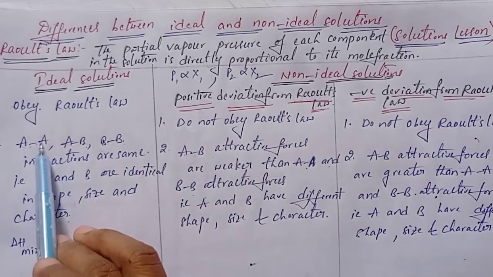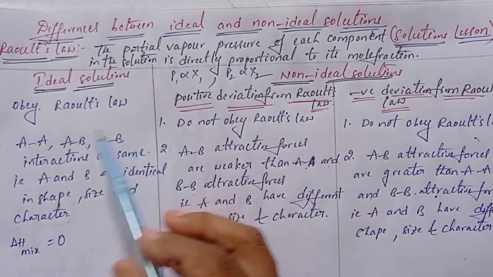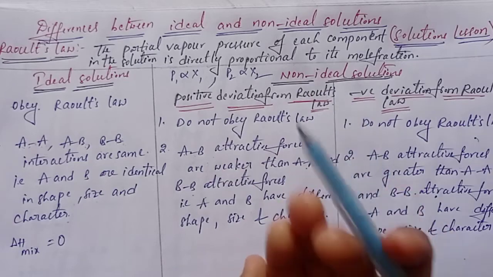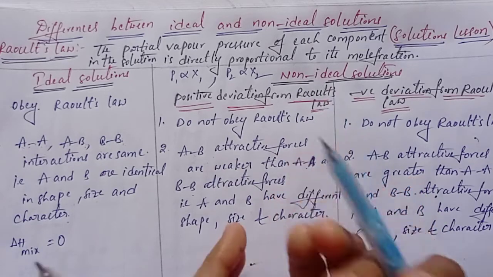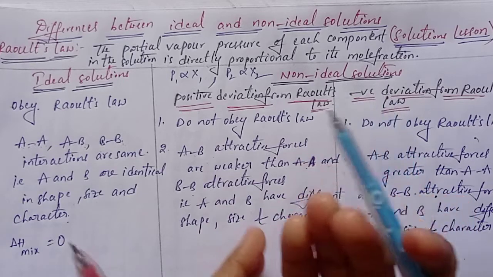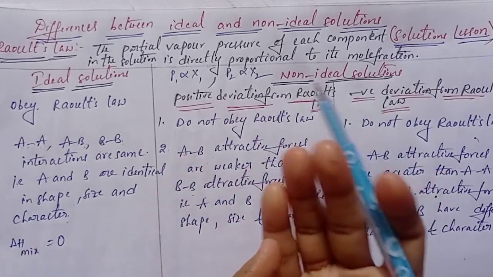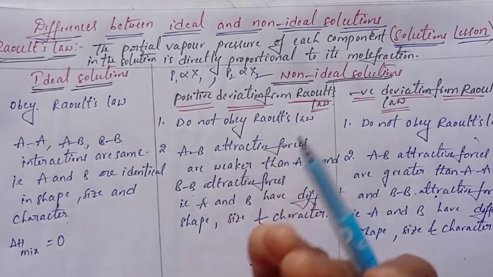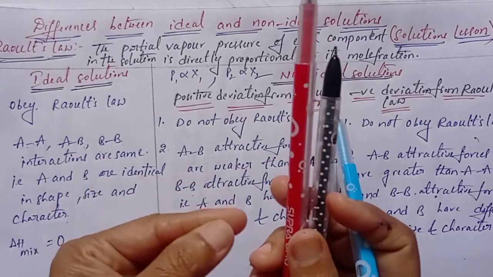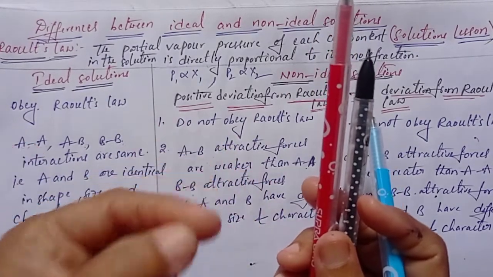To break them, we have to supply energy, students. Energy is required during the breaking of attractive forces, and during the formation of a new bond, students, energy is released. Keep in your mind, students. During the breaking of bond, energy is required, students. During the formation of bond, energy is released.